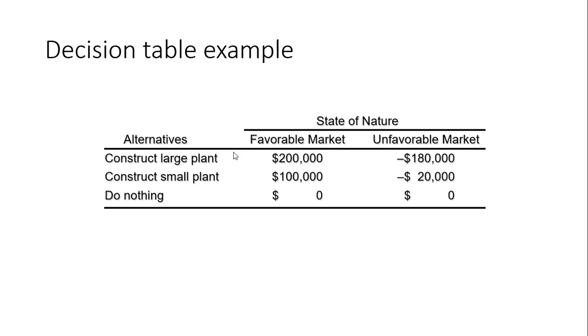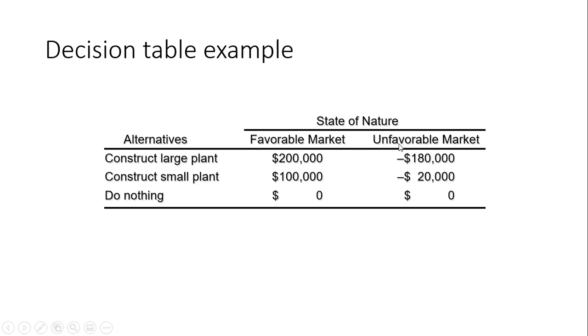Number 3, the number or value that is found for each alternative in each market. Like here you will find that by choosing to construct a large plant in a favorable market, we will have a profit of maybe $200,000.